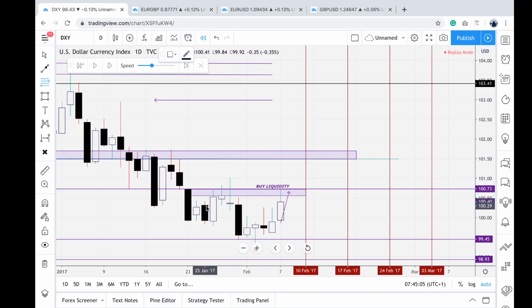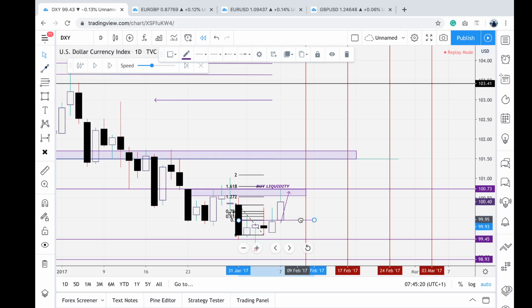All right, so let's find the mean threshold of this candle. Price has tested that level perfectly.